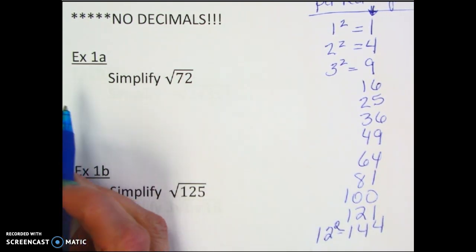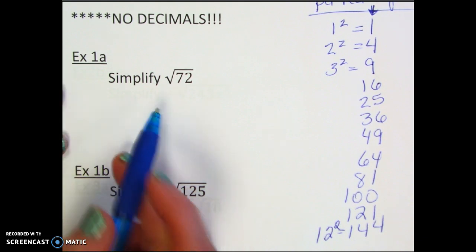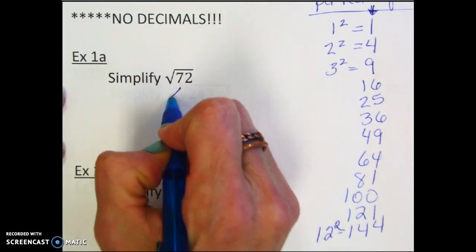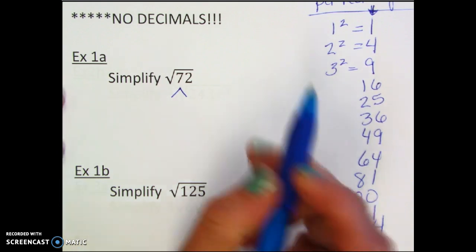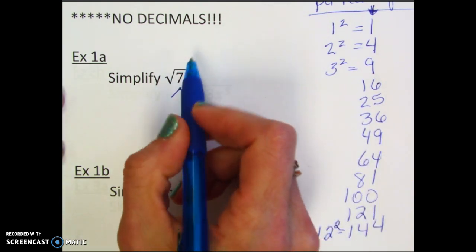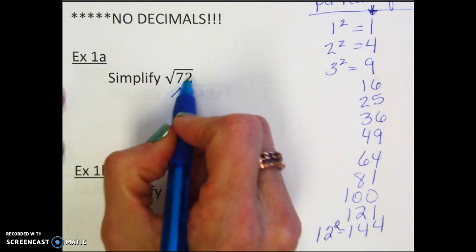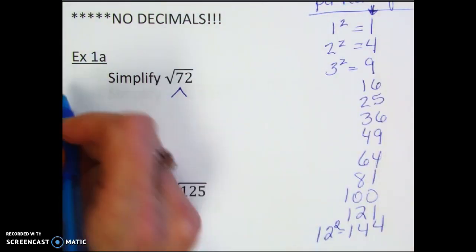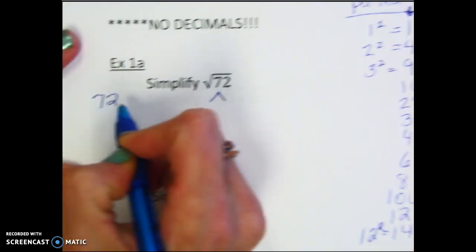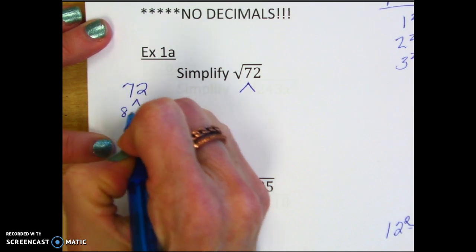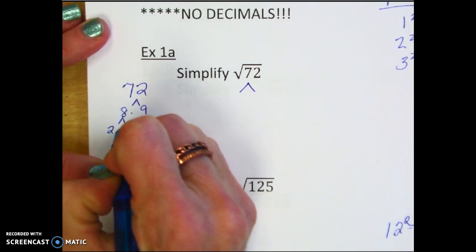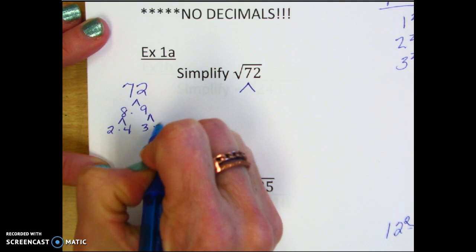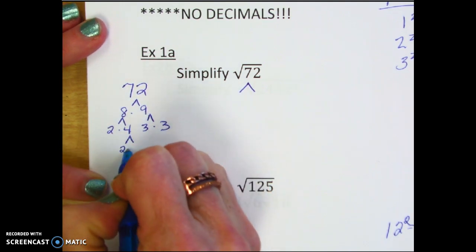Now, there's a couple ways that you can think about this. One, we can break this down into the prime factorization. So we have 72, let's see, 72 breaks down to 8 times 9, 8 is 2 times 4, 9 is 3 times 3, and then 4 is 2 times 2.